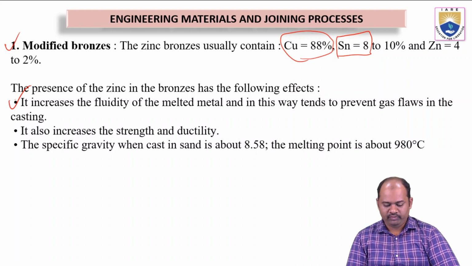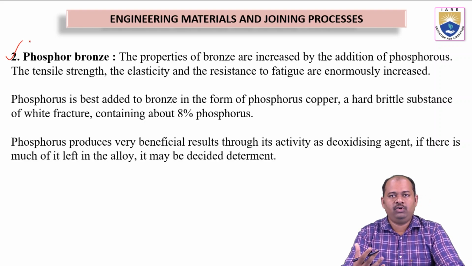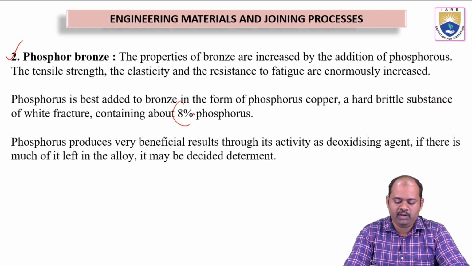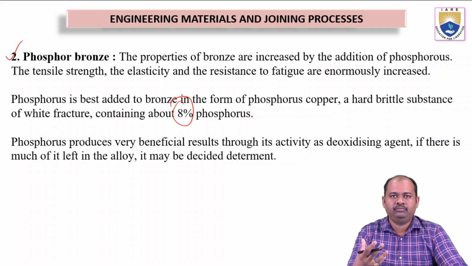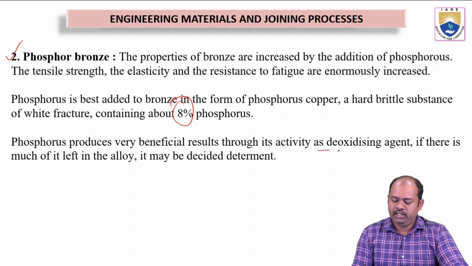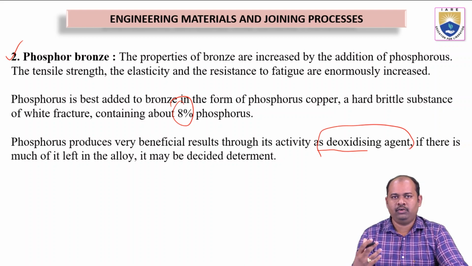So this is modified bronze, and then we have phosphorus bronze where we add some amount of phosphorus, about 8%, and by adding this we can improve the properties. It produces very beneficial results through its activity as a deoxidizing agent. So it will deoxidize the copper so that it will not get corroded easily.